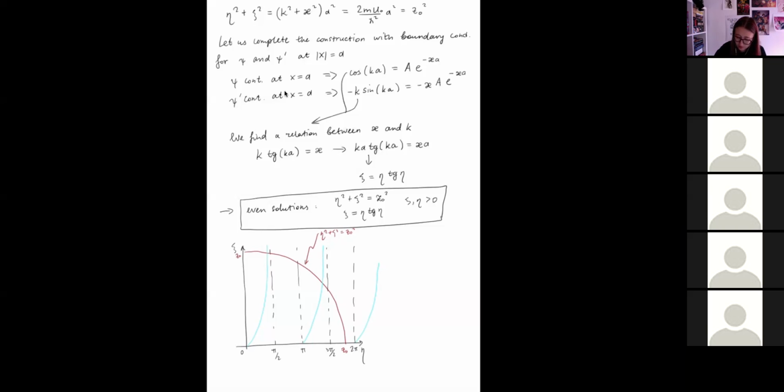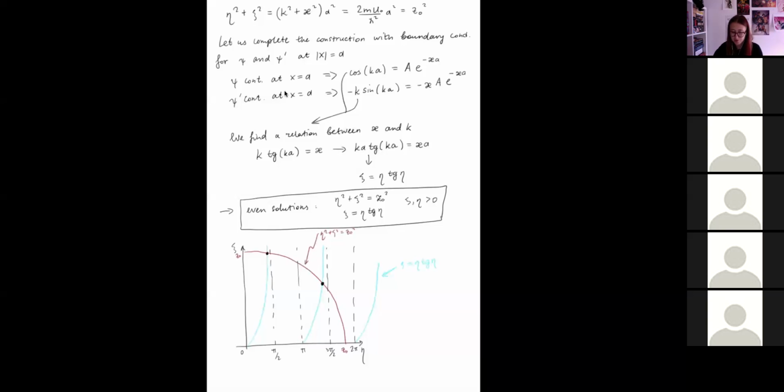So this is psi equals eta tangents eta. And this allows us to see what the solutions are quite easily, because we have one intersection here, a second intersection here, and that's it.